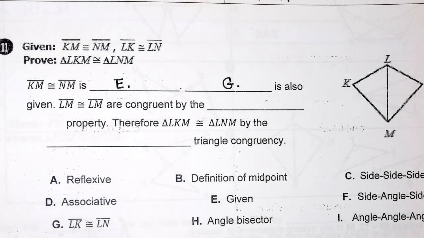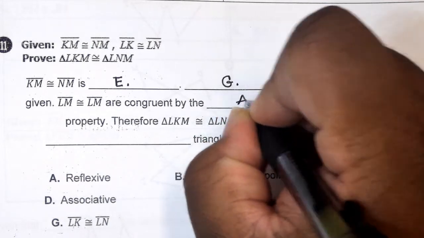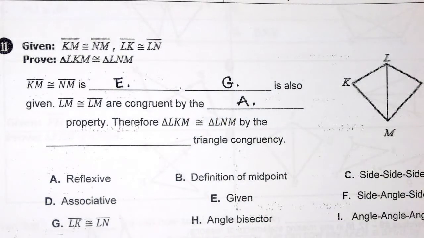LM is congruent to LM are congruent by the blank property. Reflexive property, yes. I read it wrong. It's okay. I was reading it wrong at first too, and it didn't make sense to me.